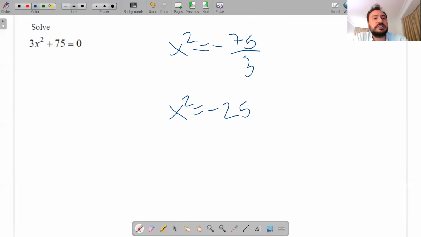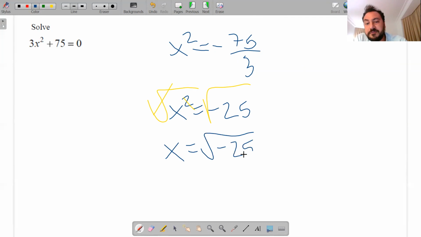Now, since I'm looking just for x, what I will do is take the square root on both sides. That will cut this exponent away. And now I have that x is equal to the square root of negative 25. But the square root of negative 25 gives me no real solution.